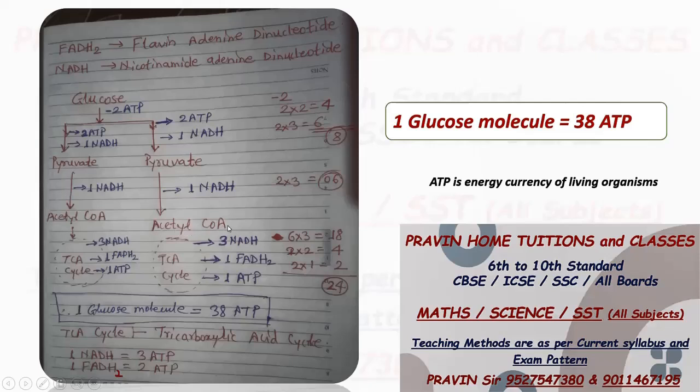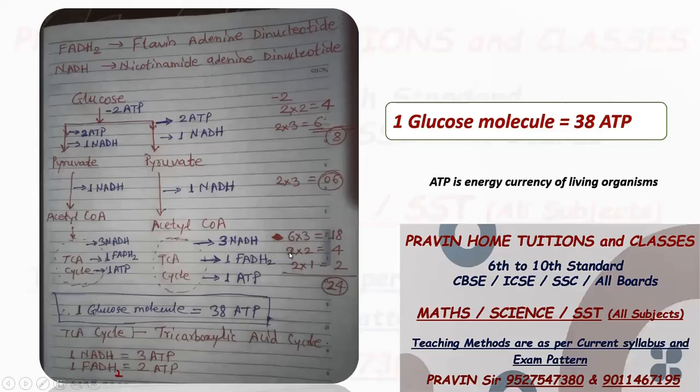Now acetyl coenzyme A again goes for TCA cycle, that is tricarboxylic acid cycle, or Krebs cycle also it is called. So now in this Krebs cycle, the product generated is 3 NADH. So 3 NADH here, 3 NADH here. 3 plus 3, 6 into 1 NADH is equal to 3 ATP. 6 3s are 18. 1 FADH2 generated here, 1 FADH2 generated here.